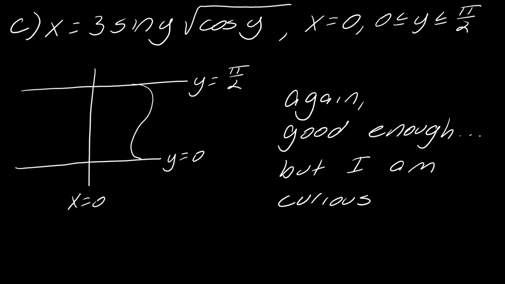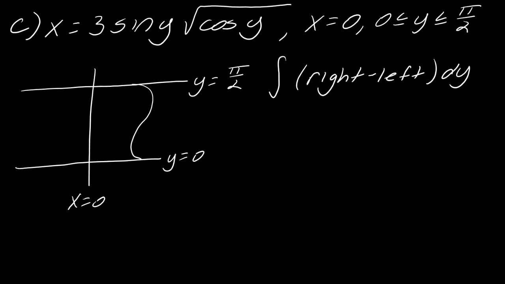All right, so now, what do I know about integrating in this case? I need to integrate with respect to y. There's no way I can solve this for y, so I'm just going to deal with this being in terms of y. When we integrate, we take the rightmost function minus the leftmost function, with whatever our limits of integration are.